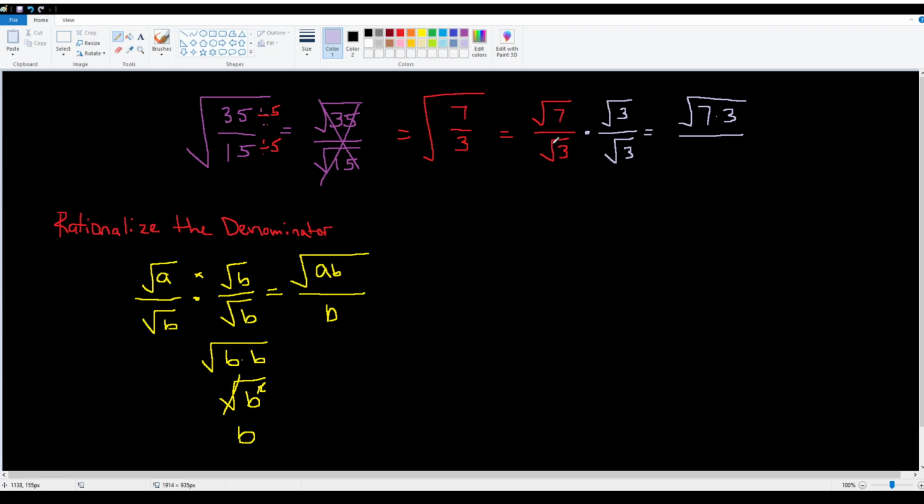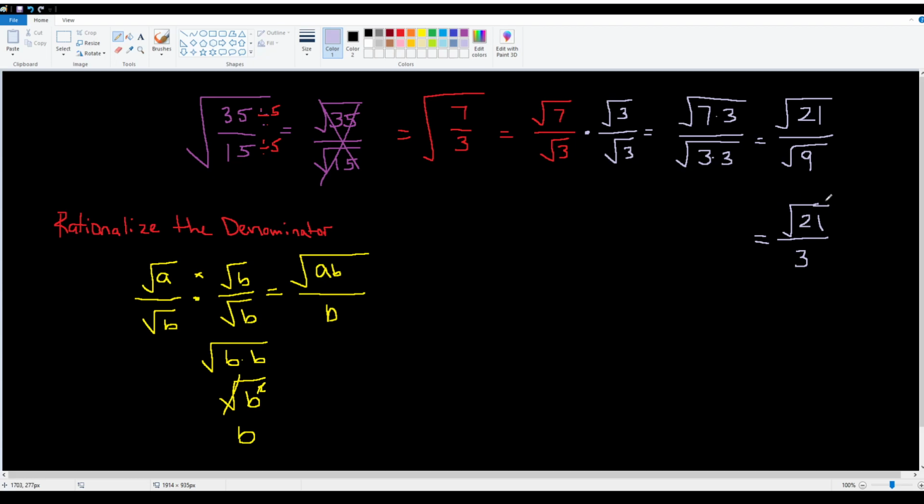On the denominator, square root of 3 times square root of 3 is going to be the square root of 3 times 3. 7 times 3 is 21. 3 times 3 is 9. But now we see the square root of 9, that's a perfect square, so that is going to end up being 3. And as we see, now my denominator is rationalized. We don't have a square root in the denominator.